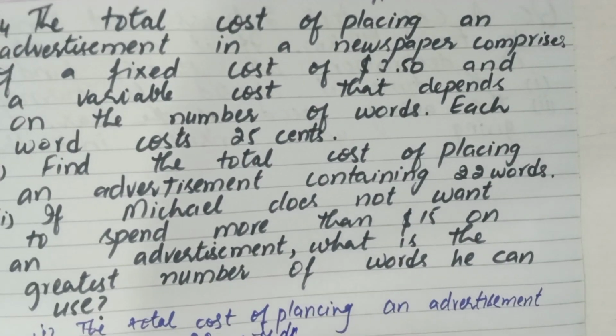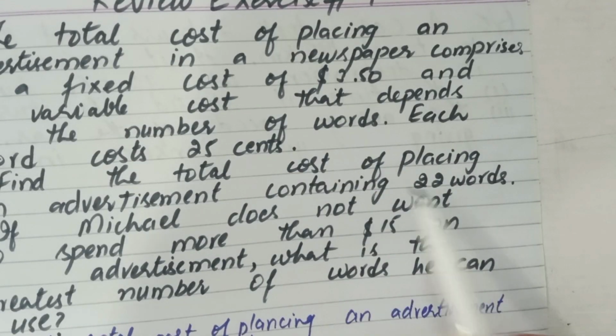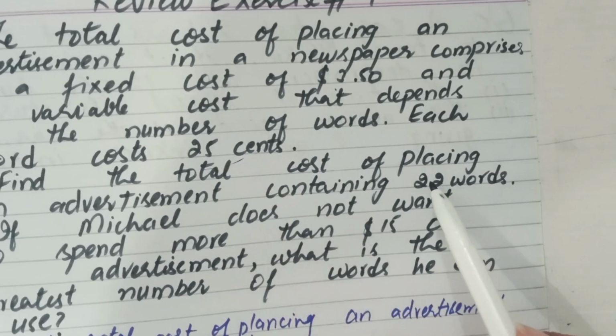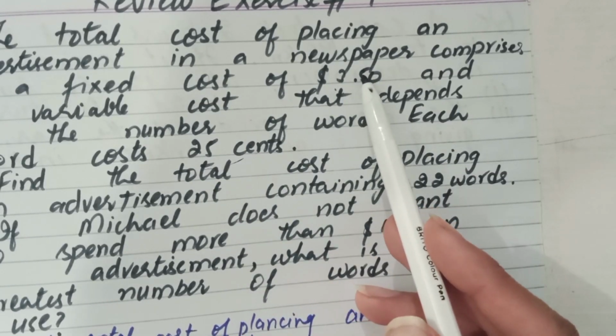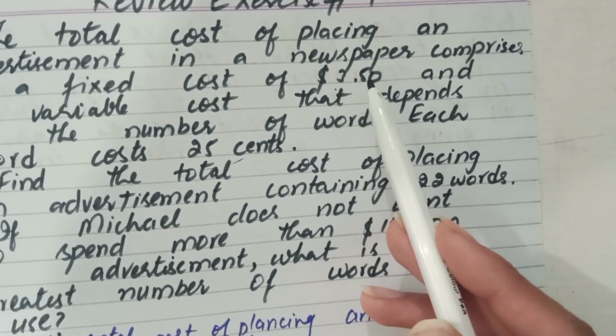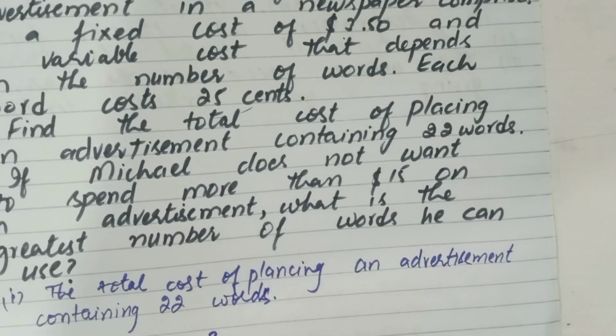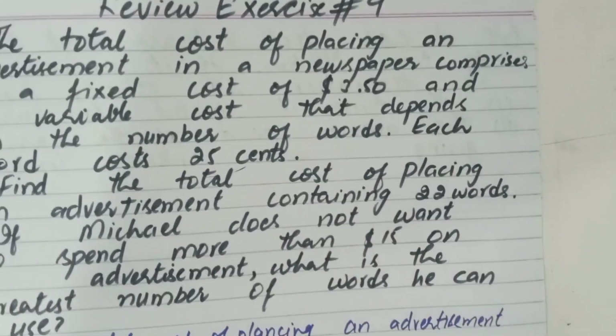We know that the fixed amount is $3.50, and each word is in cents, so we have to convert it into cents. When we convert it into cents, we multiply by 100 and get 350. That is the fixed amount, and we have to add it in.